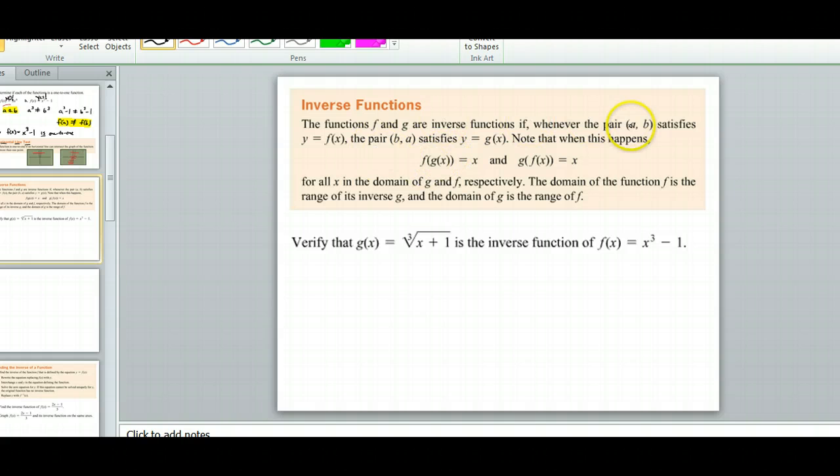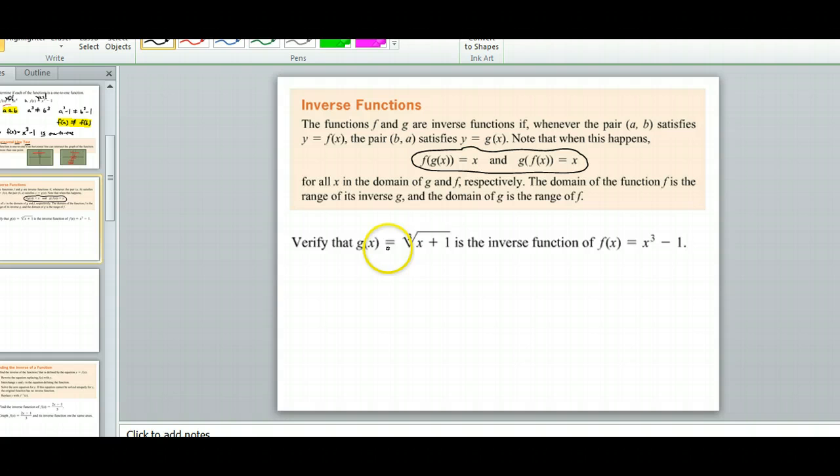Negative 2, 6 and 6, negative 2; 0, 4 and 4, 0. Flip the ordered pair around, and that point is going to be on its inverse. Alright, so this is how we check to determine if two functions are inverses of one another. We do the composition both ways and see if we get x out both ways.